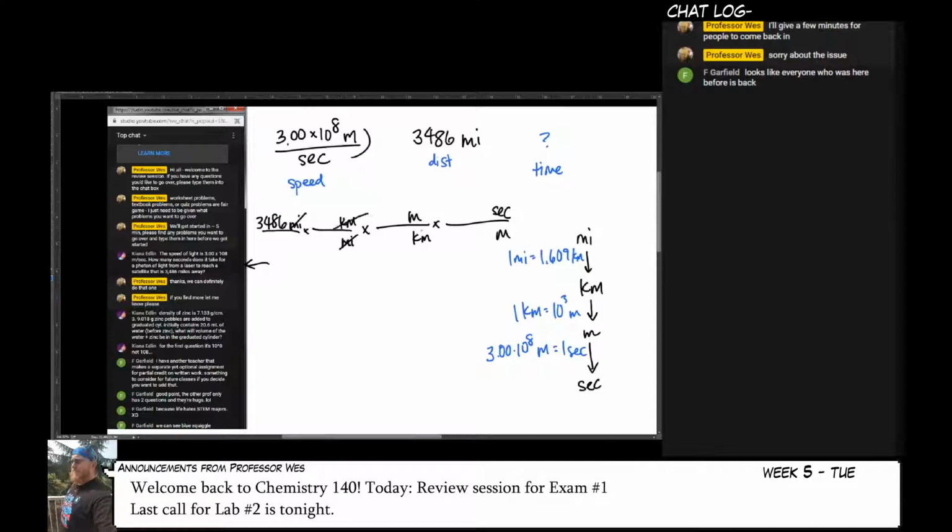All right, so all of these cancel out. And now I can fill in these numbers here. 1 mile is 1.609 kilometers. 1 kilometer is 1,000 meters. And then 3 times 10 to the 8 meters in 1 second. So we'll punch that all into the calculator. You're going to get a very tiny number.